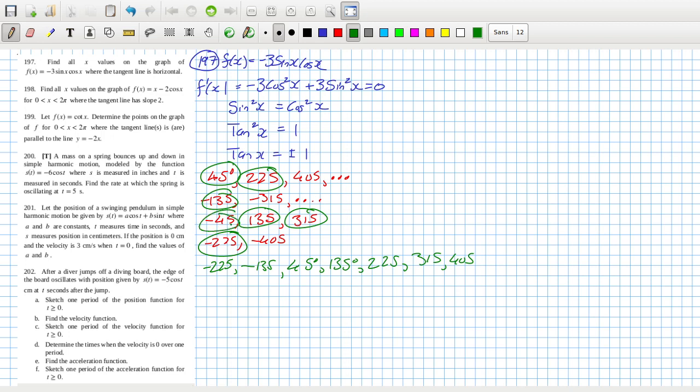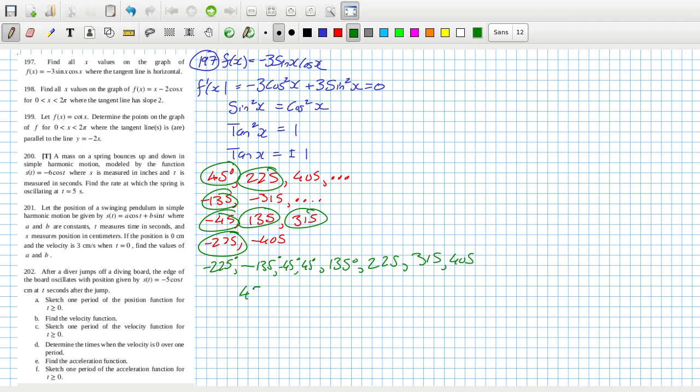Oh, and sorry, I didn't write in the minus 45. Minus 45 and 45. Yeah, okay. Yeah, they're going up in 90s.